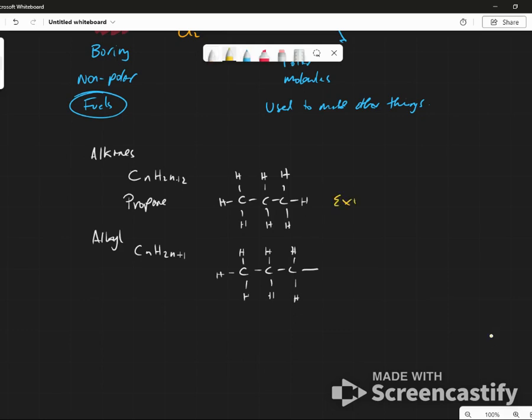This has an existence on its own. All right, there's such a thing called propane. But this guy here is not propane, it is propyl. Now, propyl is part of a molecule. Okay, it sticks onto something. Does that make sense?